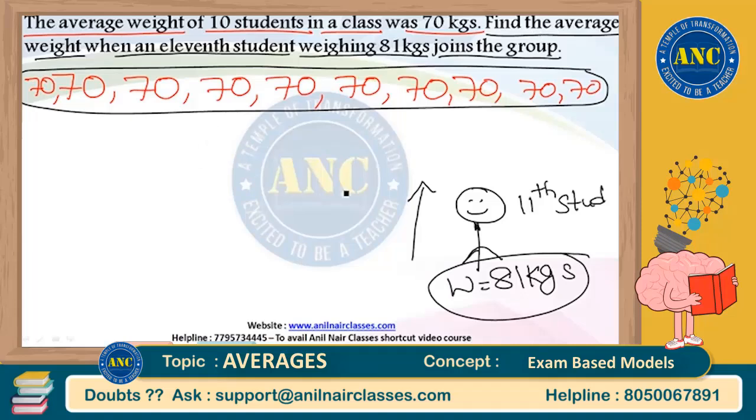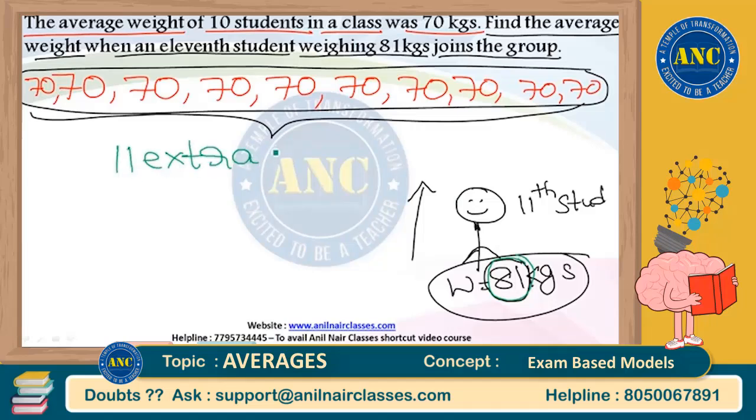Can I say that for all the 10 students in the class, average weight is 70. That means this person who is entering, he is 81 kgs. Compared to all the first 10 people, this person is bringing 11 kgs extra inside the class.